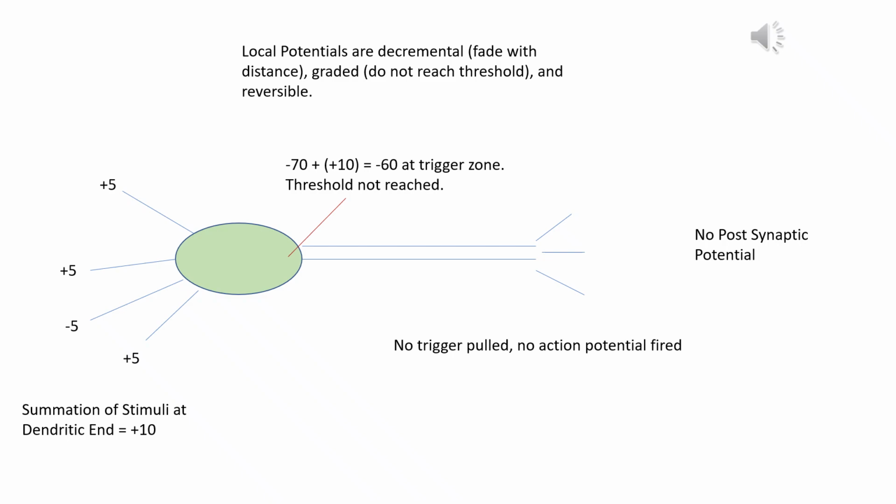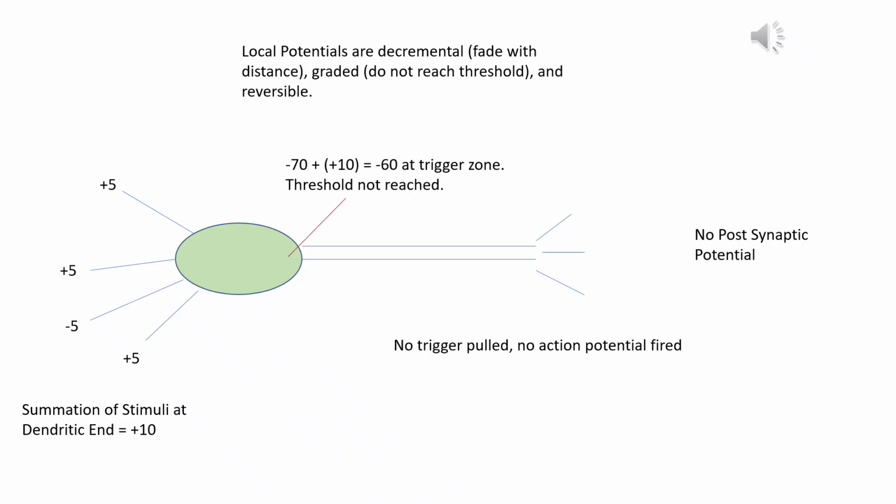Chloride channels are opened, so we go -5. So far we have +10, -5. The last little dendrite down there also is a depolarizing stimulus, so that adds +5 to our number. So +5 is 10, -5 brings us back to 5, +5 equals 10.